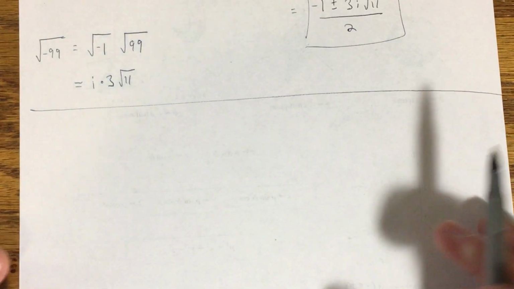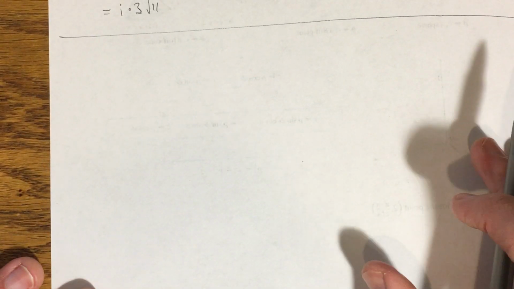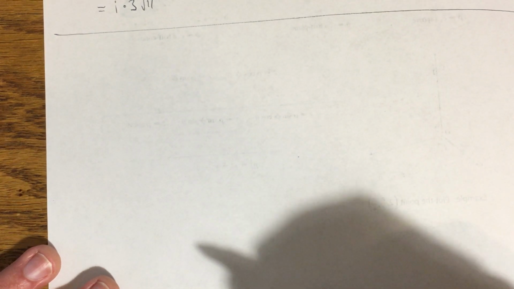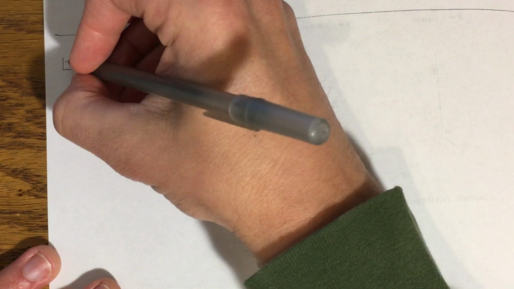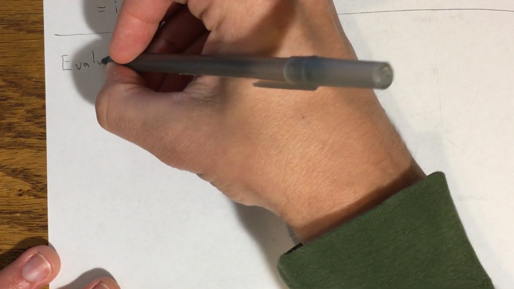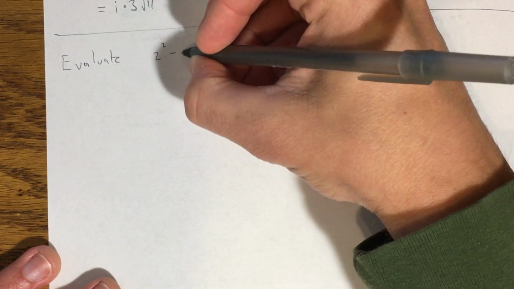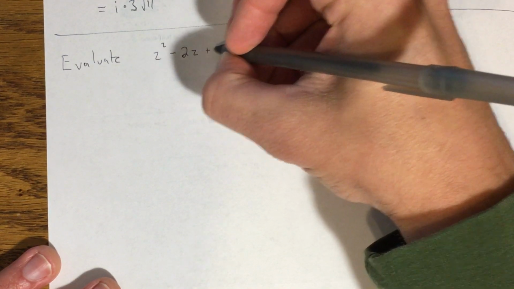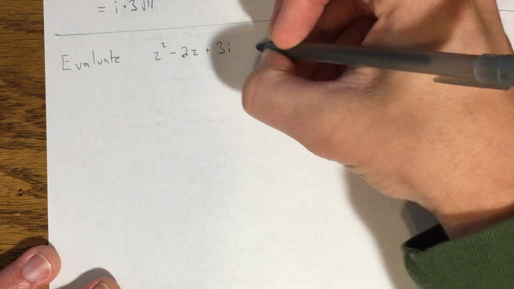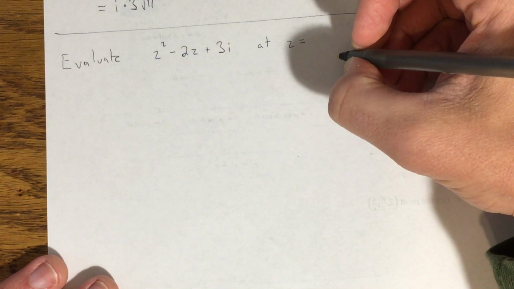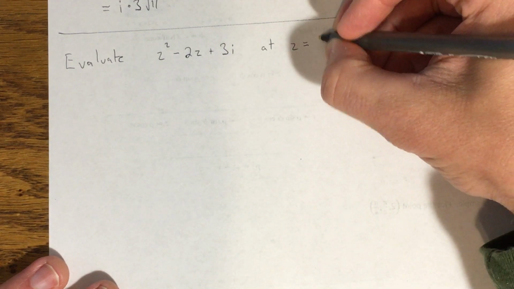Okay, one more thing I want to look at, and it's using complex numbers in algebraic expressions. So I'm going to do just one example of these. It's fairly straightforward, but you do have a couple of problems that you're going to do like this. So evaluate, let's say, z squared minus 2z plus 3i at z equals, let's say, 1 plus i.